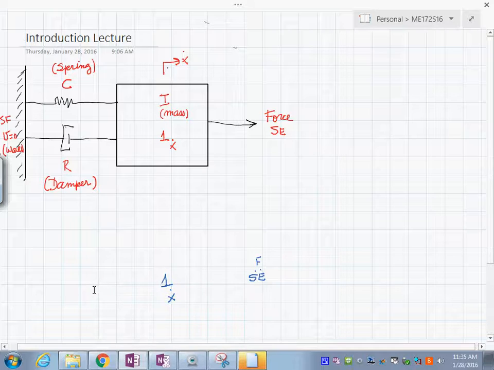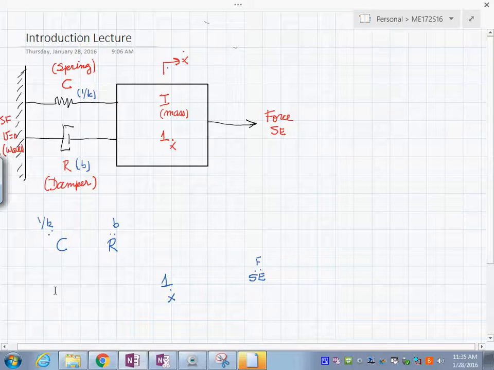We will have a C element here, which has a value 1 over K for the spring. We will have an R element, with value B, the damping coefficient. This C is 1 over K here. This is the value B here.